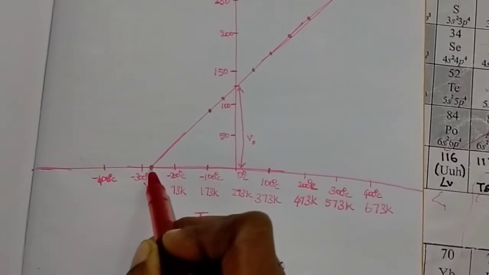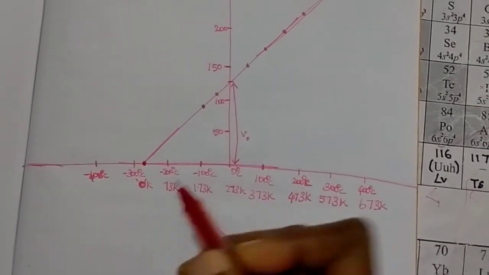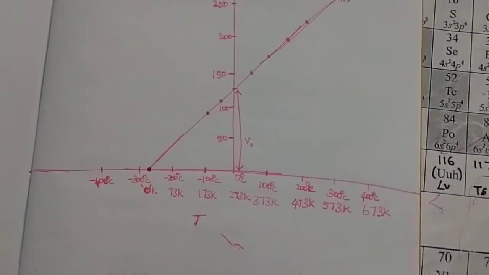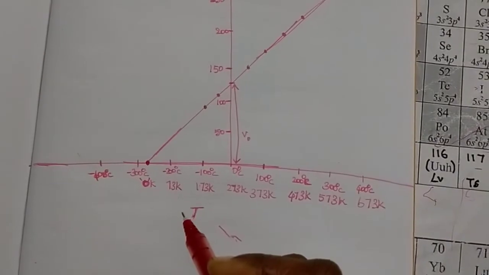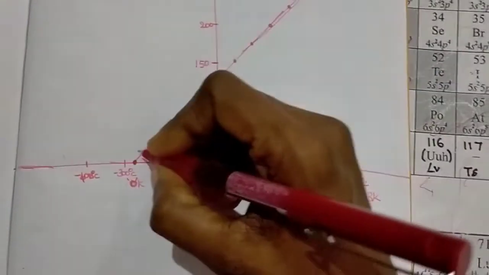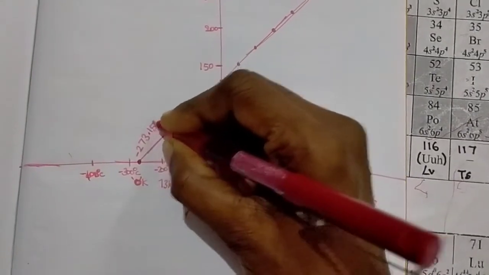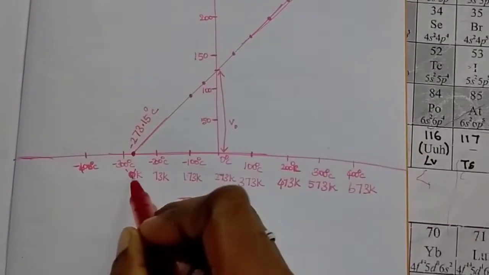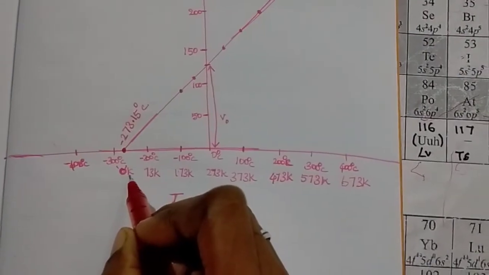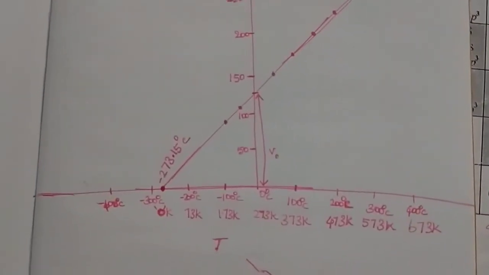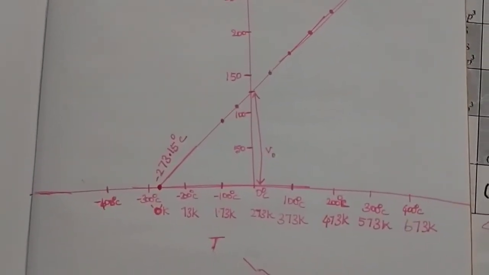The temperature is minus 273.15 degrees Celsius at 0 Kelvin. As a whole we can take it as minus 273 degrees Celsius.